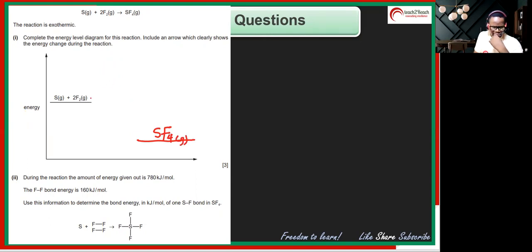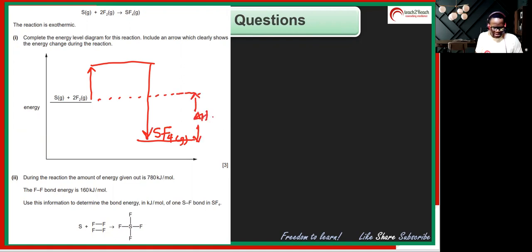Yes, good. If you like, you can let it go, absorb a little, break, then it goes all the way down, which is fine. So you find your difference in energy. This will be your delta H, and the total is negative energy given out.